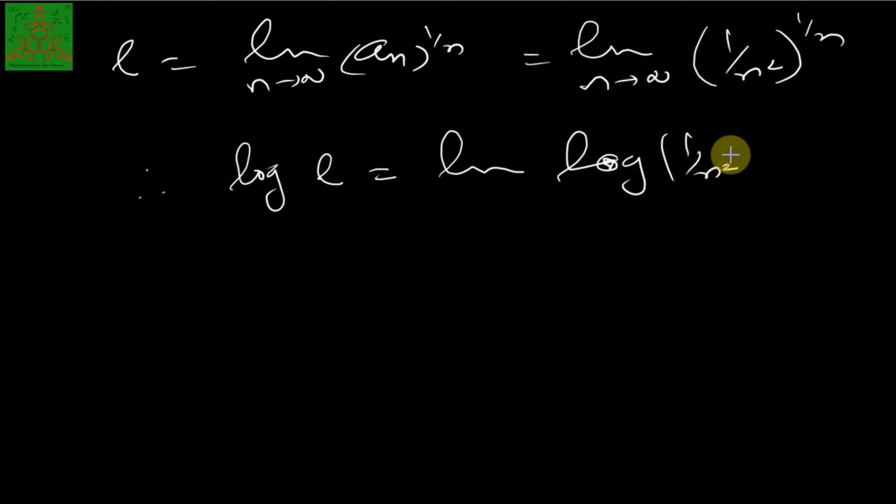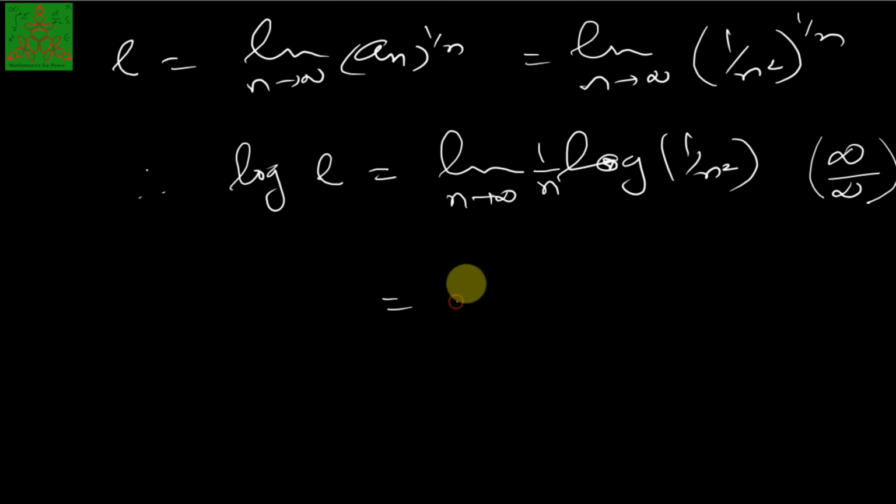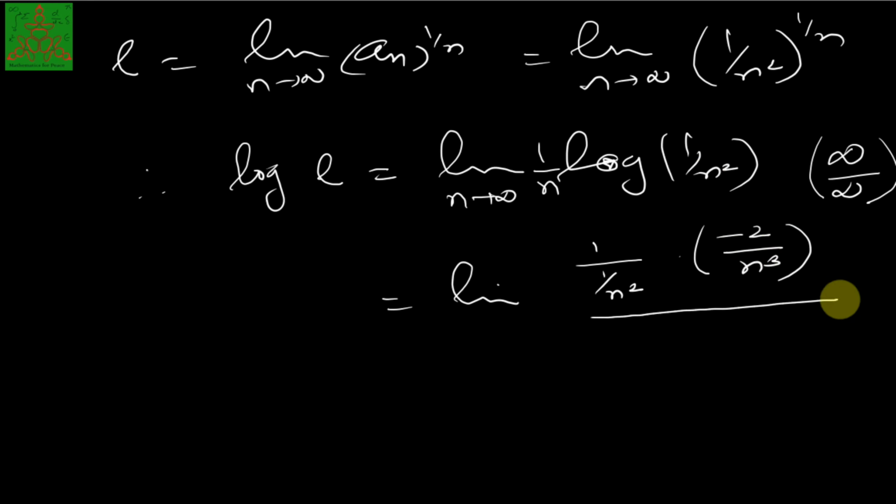The 1 upon n goes in the front, as n tends to infinity. You just observe that this is log of 0 upon n, which is infinity, so this is an infinity upon infinity form. So you have to apply the L'Hospital rule. The derivative of log(1/n square) will be 1 upon n square into the derivative of 1 upon n square, which is minus 2 upon n cube, upon the derivative of n with respect to n, which gives 1, as n tends to infinity.